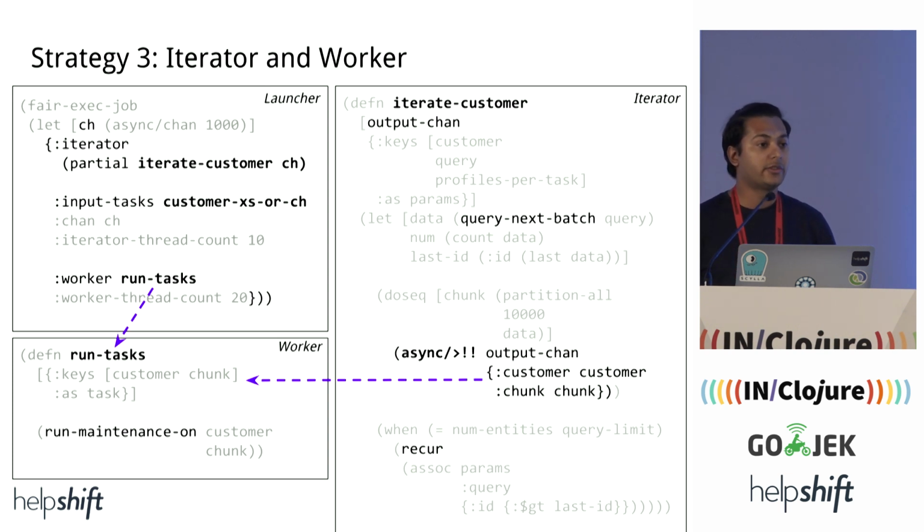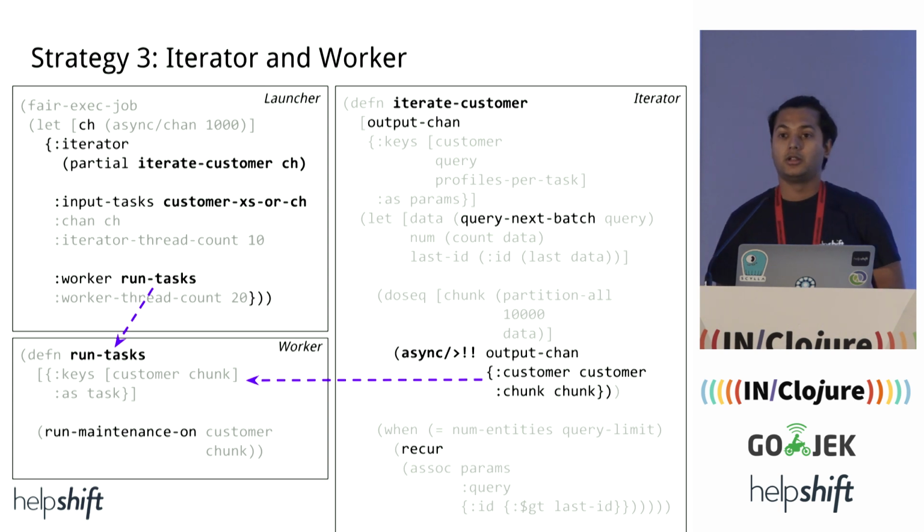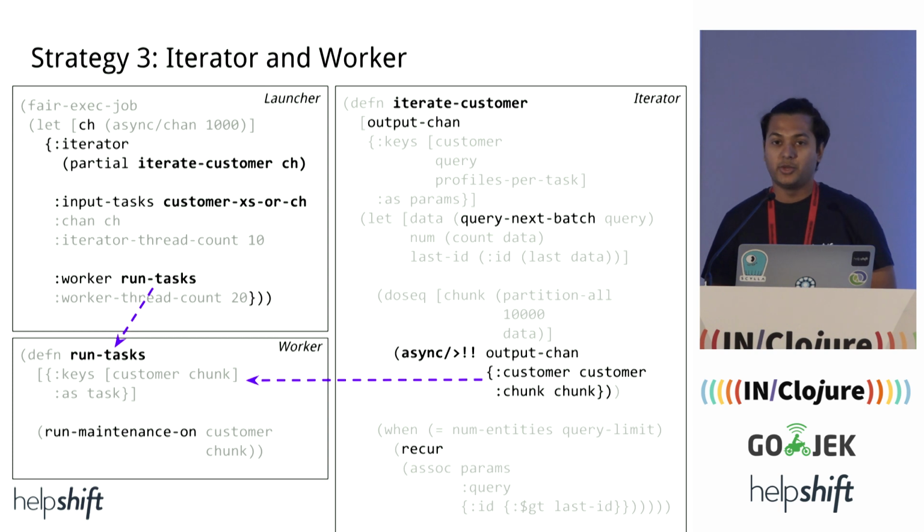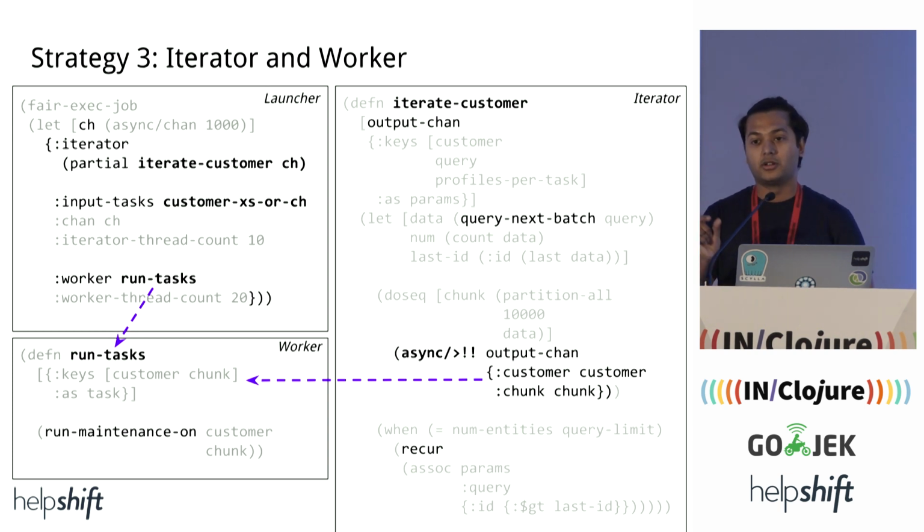So 10K records works for one of our data sets, but you might have better results depending on your data set. So it's all on the person who's running the job. It's not fixed. 10K is just because we have 150 million records, and 10K was a good small unit of work.